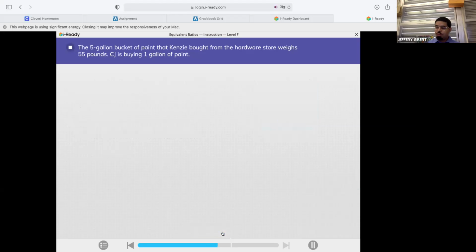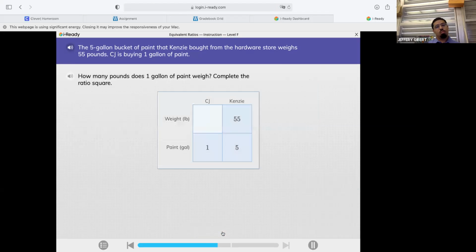The 5-gallon bucket of paint that Kenzie bought from the hardware store weighs 55 pounds. CJ is buying 1 gallon of paint. How many pounds does 1 gallon of paint weigh? Complete the ratio square.